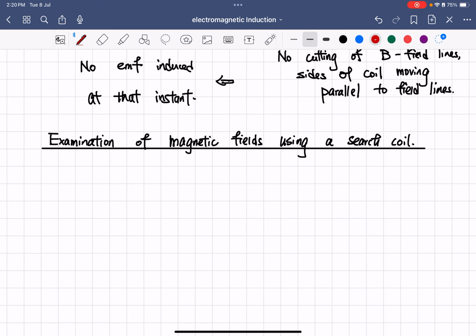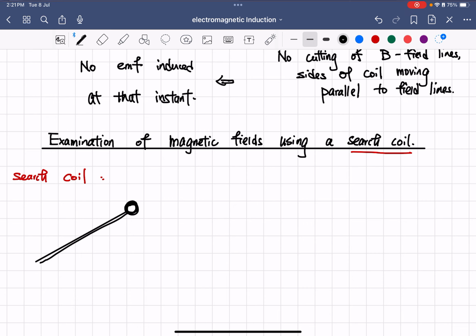So what is a search coil? A search coil is actually just a coil. It will look like this: one long rod, and then it goes through many turns, and then comes back like this.